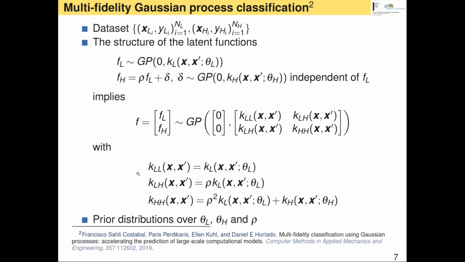And another consequence is that now we have to assign prior distributions to all theta L, theta H, and rho. The rest of the procedure is the same as in the single fidelity case, but with another dataset, another function f, and other parameters.